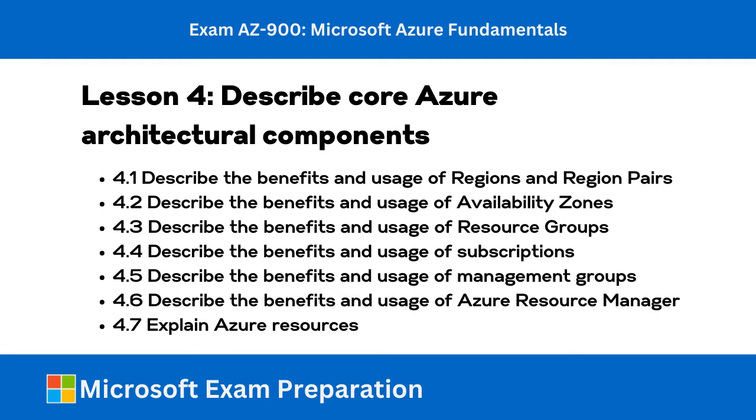We'll talk about resource groups and how they can help you manage and organize your Azure resources. You'll learn about Azure subscriptions and management groups, and you'll learn about Azure Resource Manager and how it helps you manage and deploy Azure resources. We'll wrap up the lesson with a discussion of Azure resources in general.